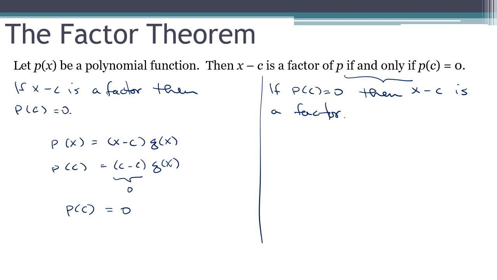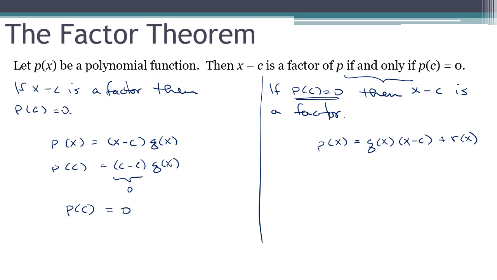Now how about this side? I know that p of c equals 0, and I want to show that x minus c is a factor. Well, let's apply the division algorithm here. P of x is equal to q of x times, not r of x, q of x times x minus c plus r of x. And let's see, what do we know here? Now, the remainder theorem, that's the division algorithm.